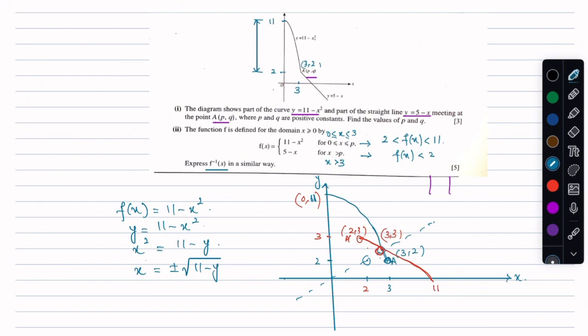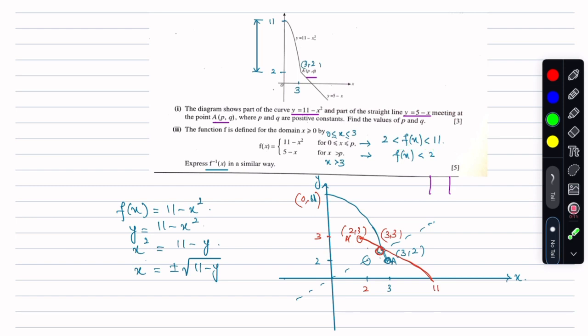And we can see on the diagram that for the domain 0 to 3, we can have the range of the function from 2 till 11, and the range of the function then becomes 2 less than f(x) less than 11 here.